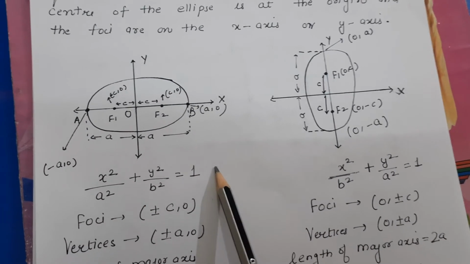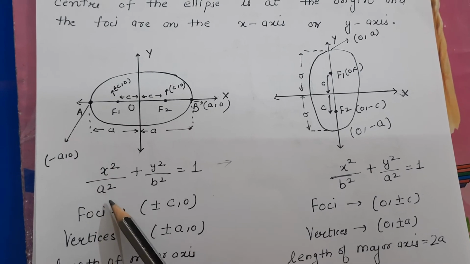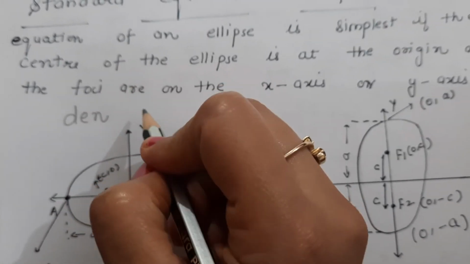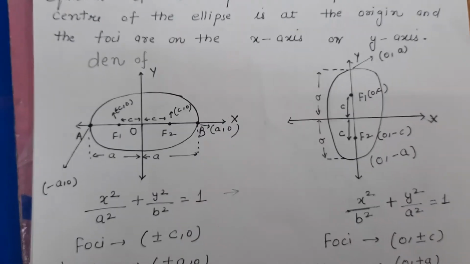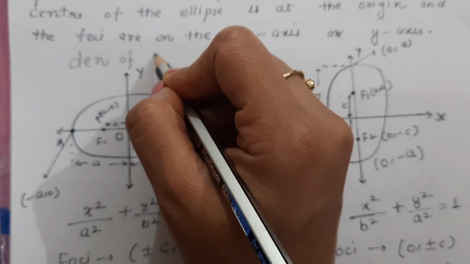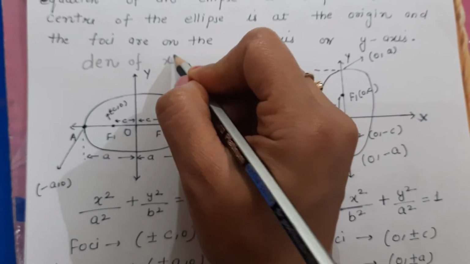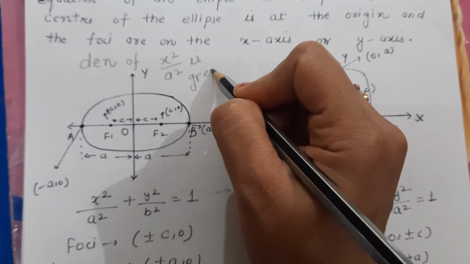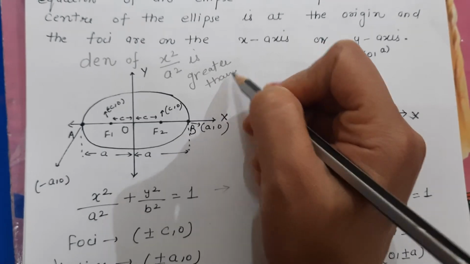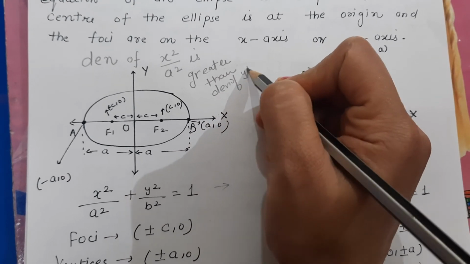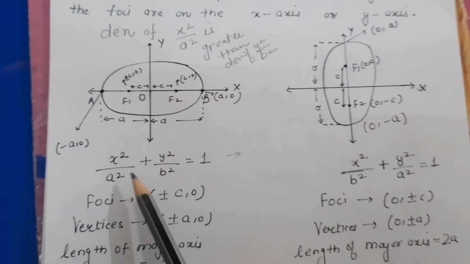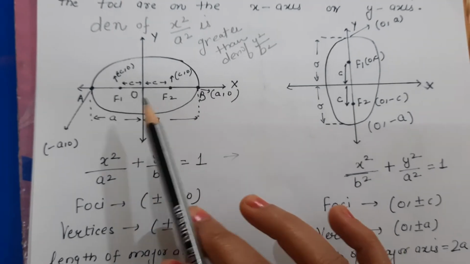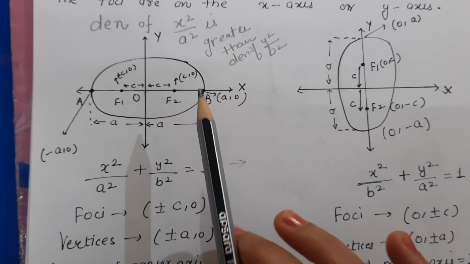When the denominator of x square by a square is greater than the denominator of y square by b square, then your major axis will be along the x-axis. So this is your first case.